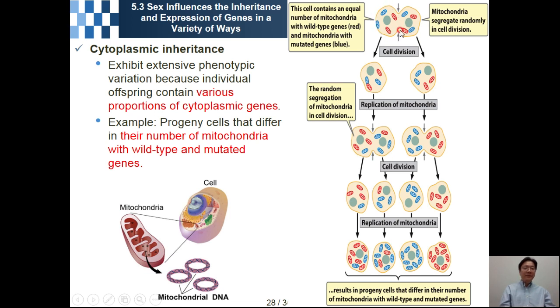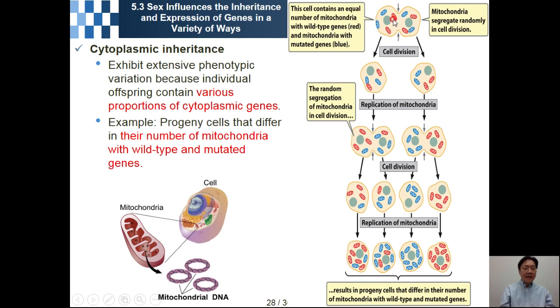Okay, so this is cell. This cell contains an equal number of mitochondria with a wild type gene, red color, and also mitochondria with a mutated mitochondrial gene, blue color. Blue is 4, red is 4.